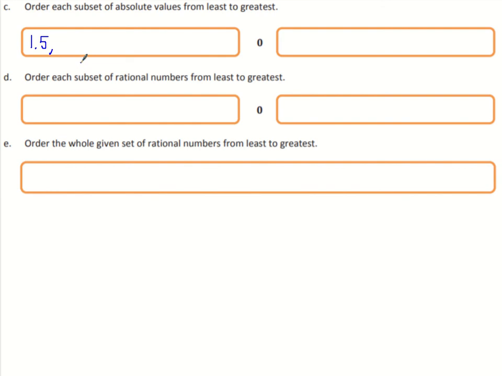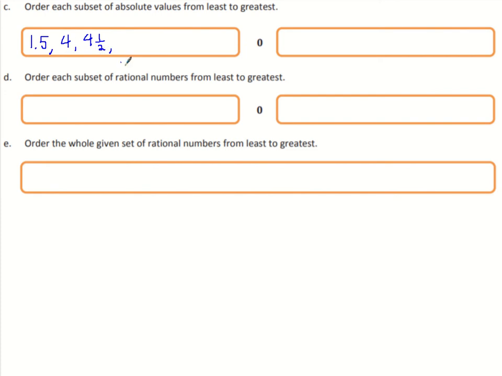Then my next smallest number in my ones place is going to be 4. And there's two numbers that have 4 in the ones place. Luckily, one of those numbers is just 4, and the other is 4.5. So 4.5 is obviously going to be larger than 4. So we go 4, 4.5.